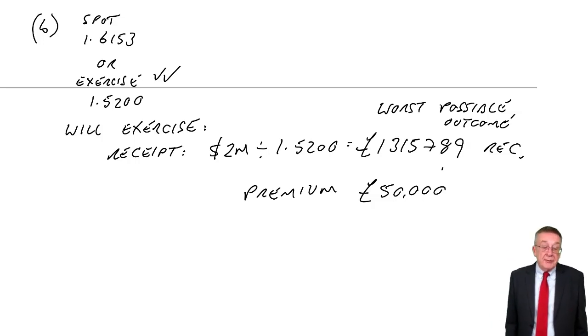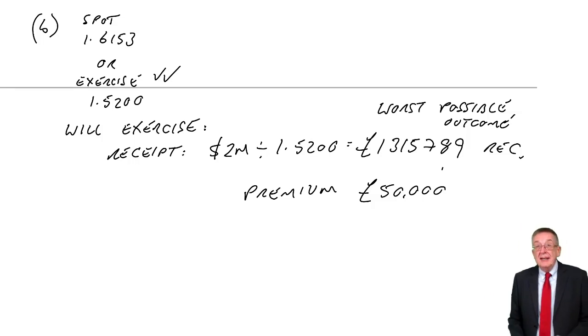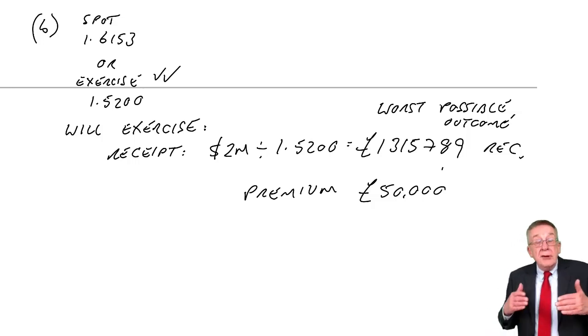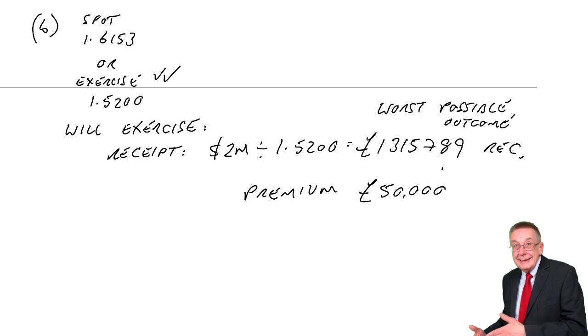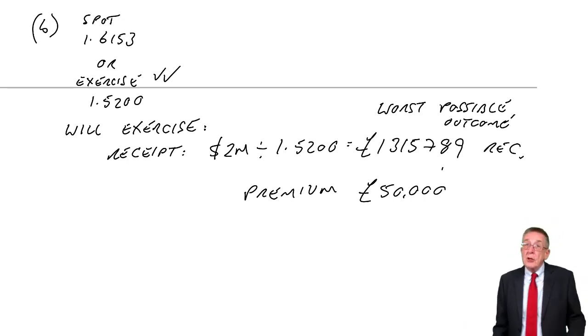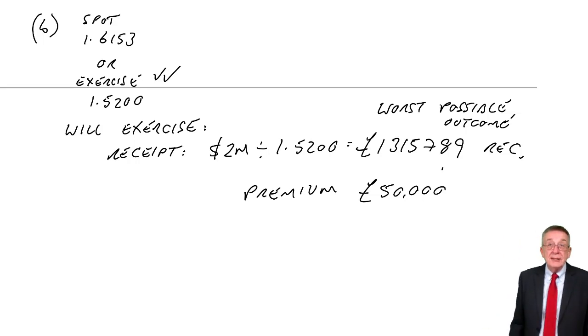If the exchange rate went in our favour, we didn't use the option. We wish we hadn't even bought it. But the problem is, of course, you never know in advance what's going to happen. But options are really good. If you think the exchange rate's going to move in your favour, obviously you want to take advantage of it. But because there's always the risk that you're wrong, and like there, it will move against you.